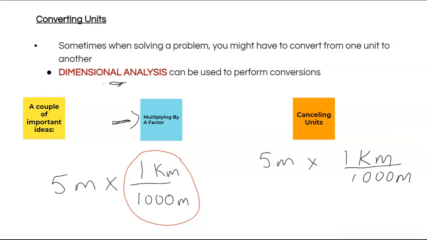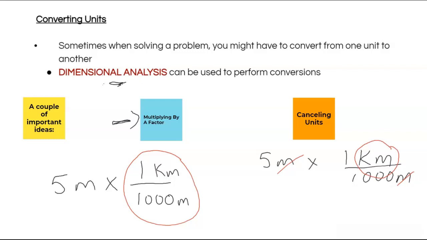What I'm going to try to explain to you here is why I can cancel this top meter right here with this bottom meter right here. So I have a meter in the numerator and a meter in the denominator, and those units will cancel out, leaving me with my desired unit.